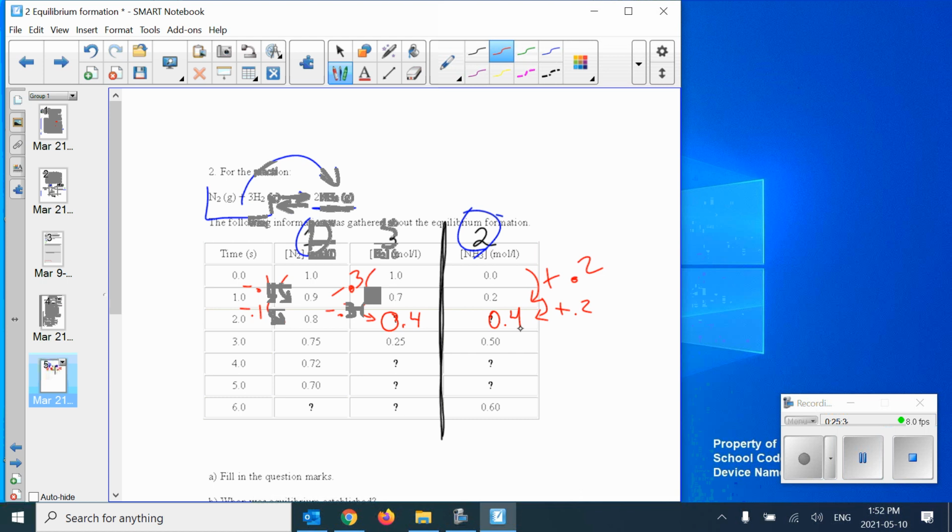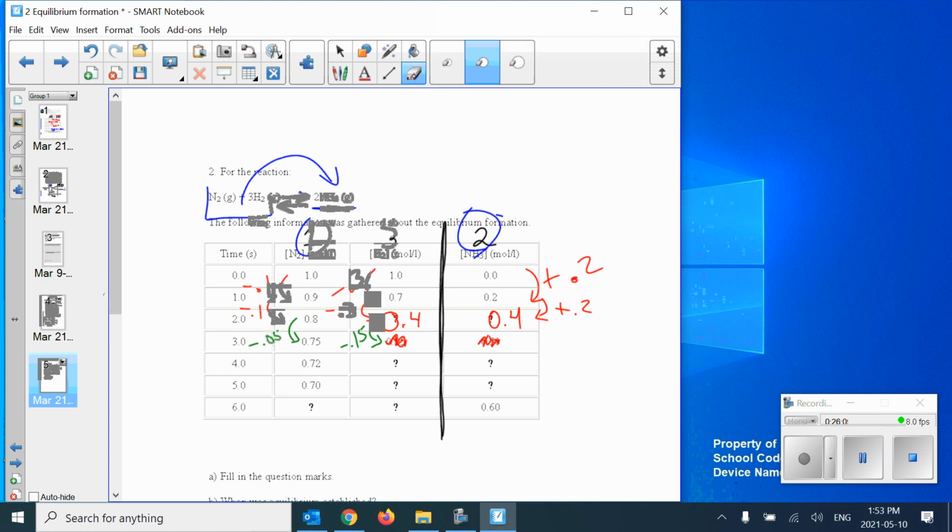Now, pretending we didn't know. And of course you have the answers, don't scratch them up. Let's just reason through this. This went down by 0.05, right? How much should the H2 go down by? So 3 times 0.05 is 0.15. Minus 0.15.